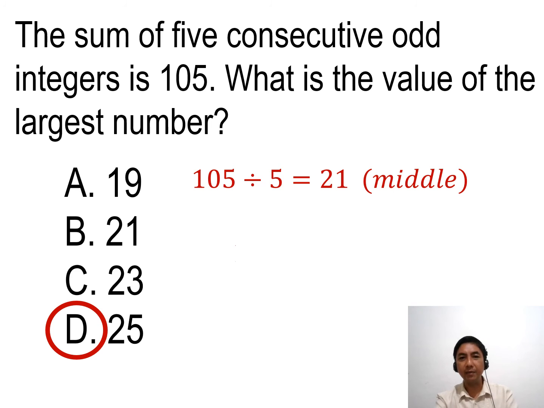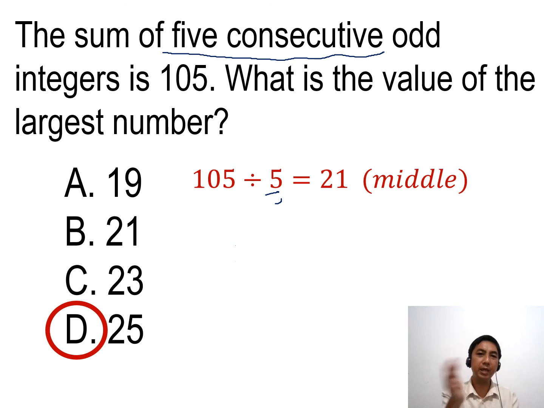Saan galing yung 5? Doon sa sum of 5 consecutive numbers. Kung 3 consecutive, then divide by 3. Kung 4 consecutive, divide by 4. But since sum of 5 consecutive odd integers, then divide by 5.